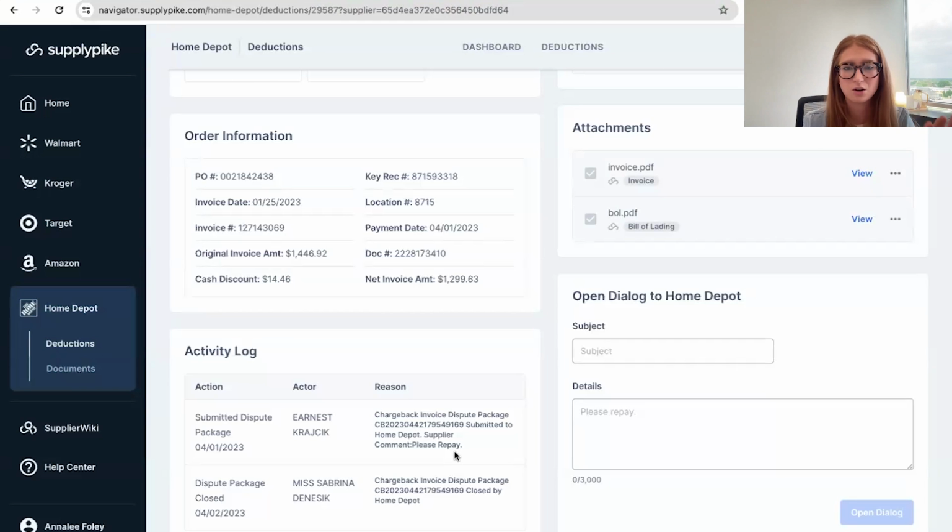So this will be the record keeping spot. You'll see everything that happened within that dispute package here, and all of that information will stay up to date. So again, great resource, great way to understand where we are at with this dispute package.